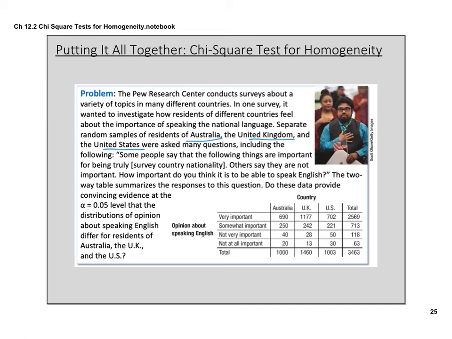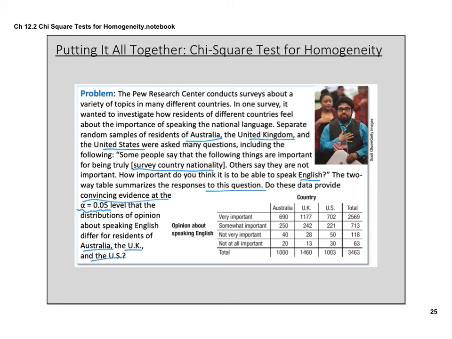Some people say that the following things are important for being truly Australian, or whatever. Others say they are not important. How important do you think it is to be able to speak English? The two-way table summarizes the responses to the question. Do these data provide convincing evidence at the alpha 0.05 level that the distributions of opinion about speaking English differ for residents of Australia, UK, and US?